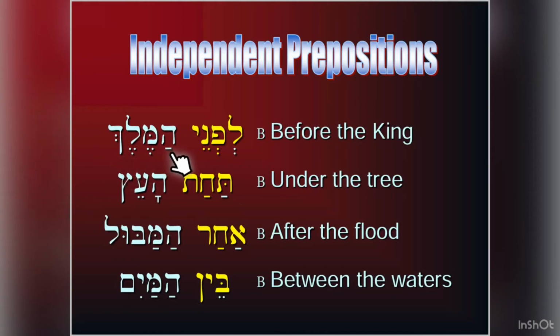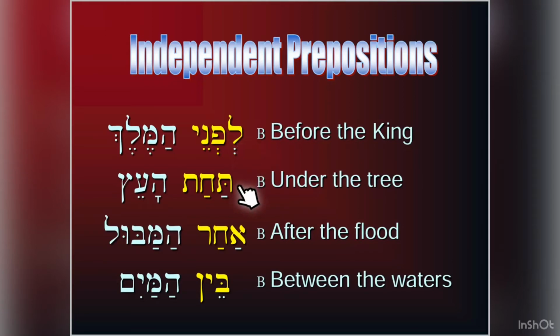Do you remember in the definite article we studied this: he plus patha and a dagish? It is the pattern of a definite article before an ordinary letter. So, lefne melek means before the king. Lefne is one independent preposition.